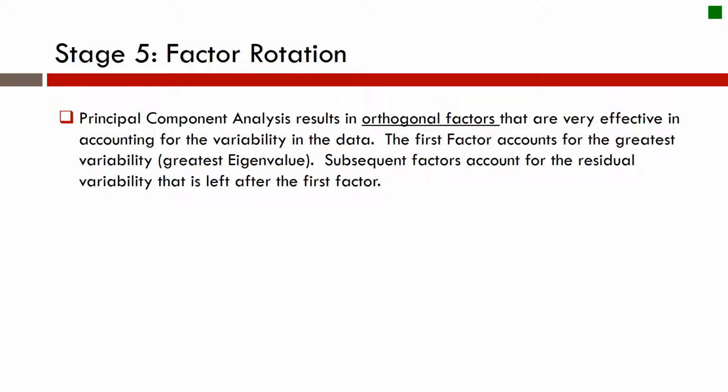And so that's the first thing that happens: within the software, an initial solution is provided, which breaks down the different variables, pairs together the variables that make sense, and again creates what we call orthogonal factors.